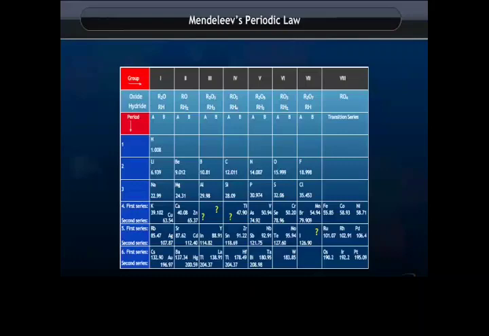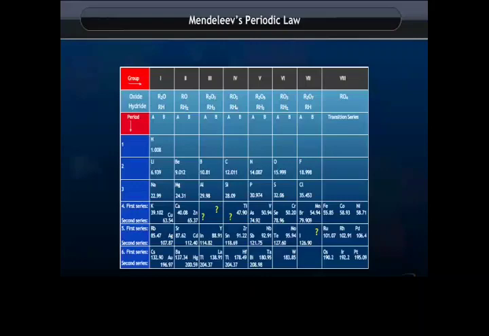Merits of Mendeleev's periodic table are: he predicted the discovery of new elements and left blanks for them. He corrected the wrong atomic weights of some elements. For example, the inert gas elements discovered later could be placed in a separate group without disturbing the table.